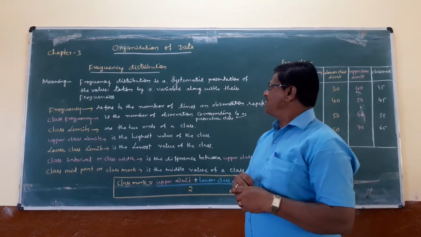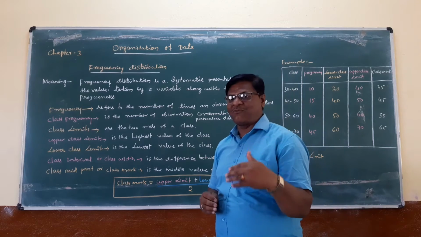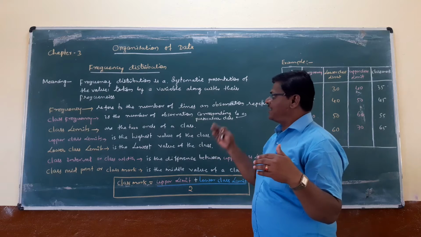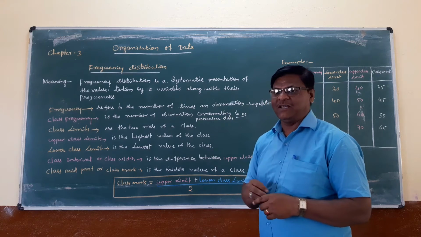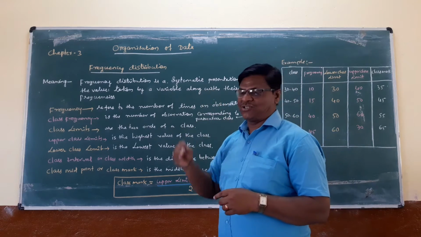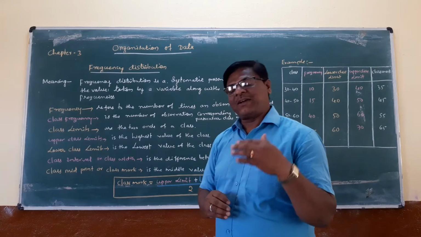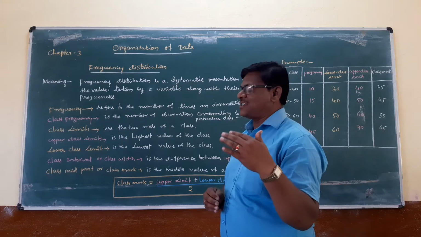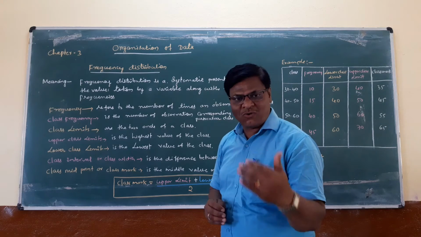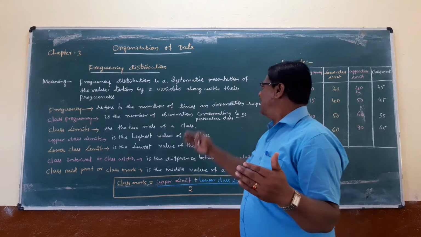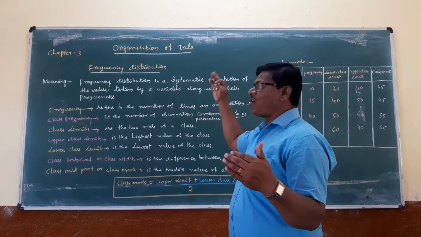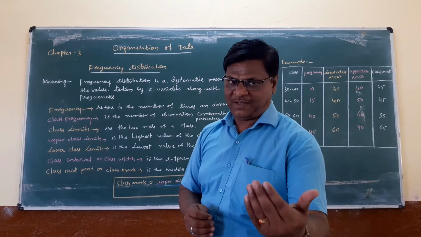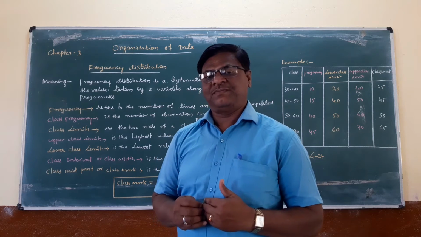The frequency distribution is a systematic presentation of values taken by variables along with their frequency. It is called the frequency distribution.